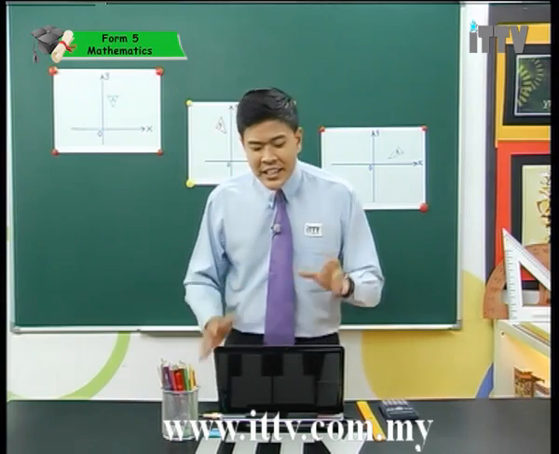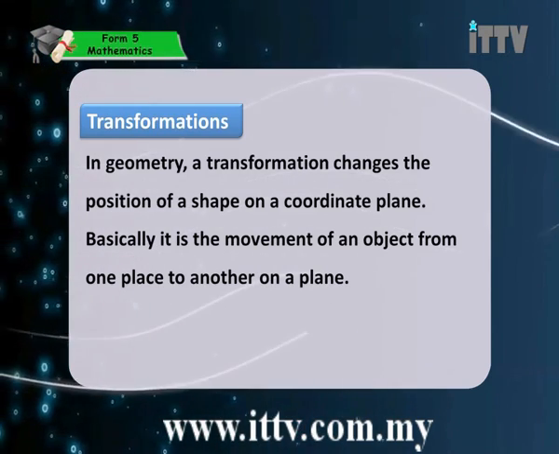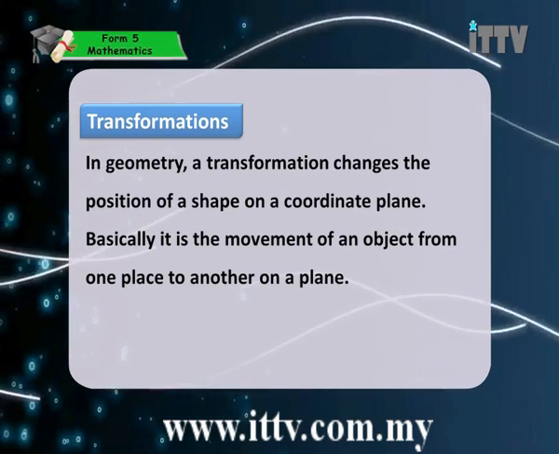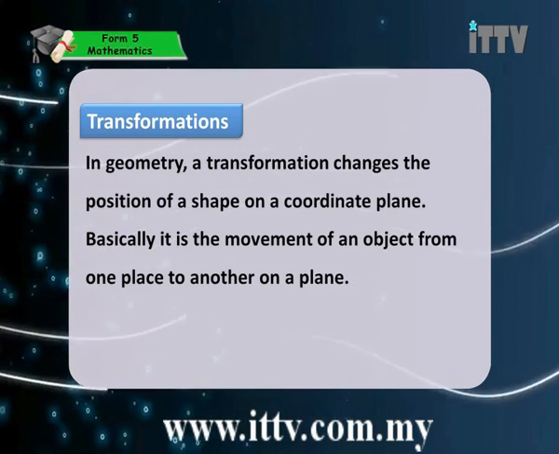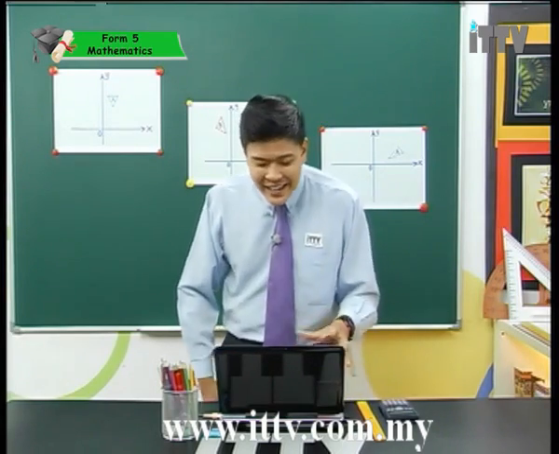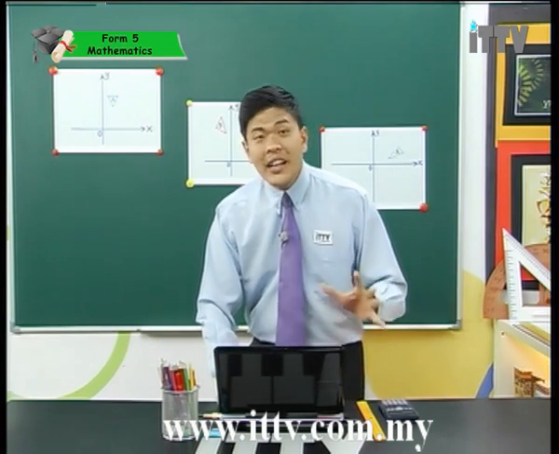Alright, so firstly, translation. And I want you to take a look at this. What you see right here is actually a translation. Notice that the object is actually sliding, right? And you can see it sliding from one position to another.